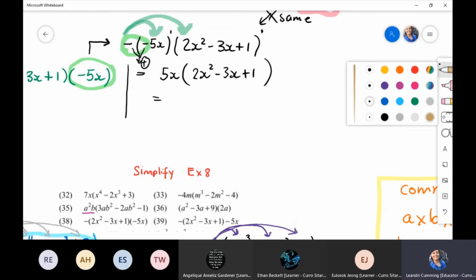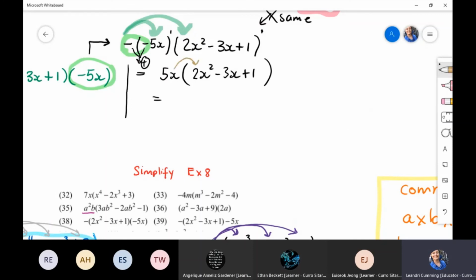So let's just check, how are we multiplying 5x into the bracket? Positive times a positive is a positive. 5 times 2 is 10. X to the power of 1 times x to the power of 2 is x to the power of 3, adding the exponents. Go back to the 5x. Positive times a negative is a negative. 5 times 3, 15.